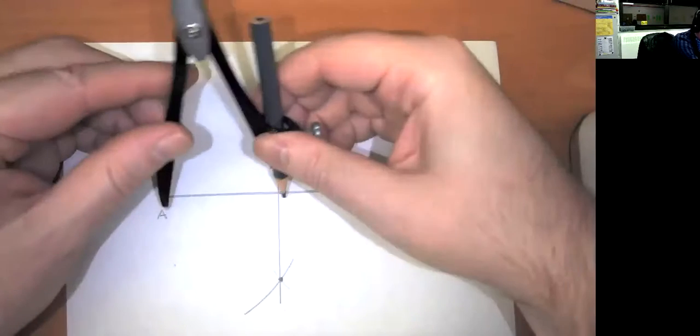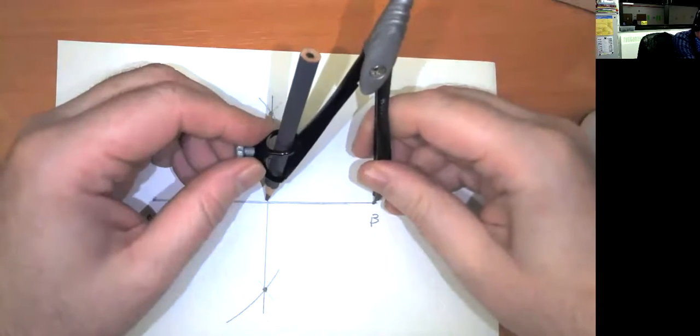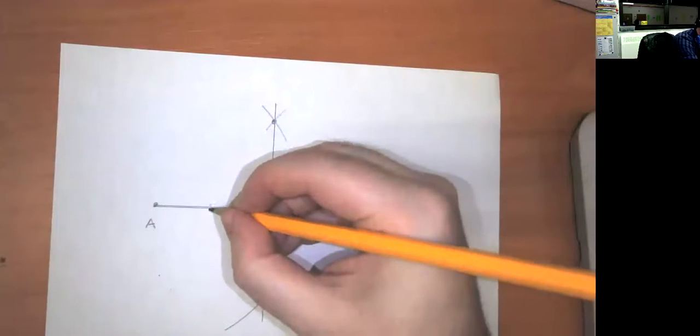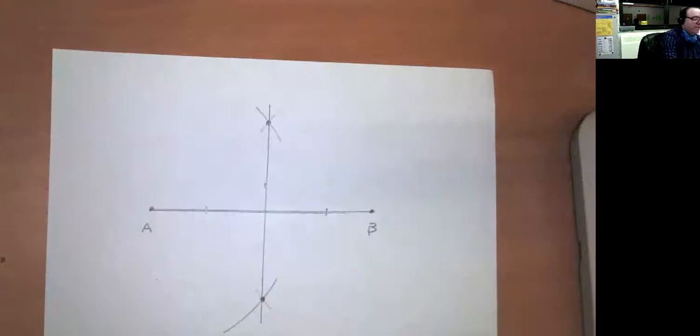And so I can see, first of all, that this is going through the midpoint of AB. Yep. So this construction did create something that goes through the midpoint. So this is a bisector.